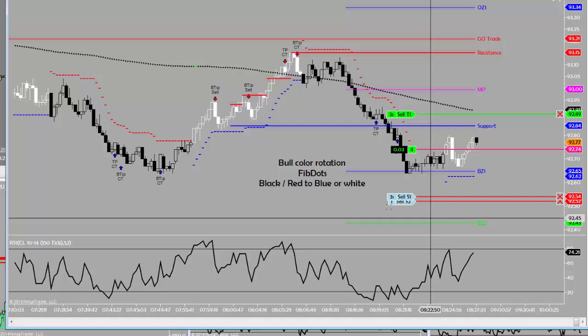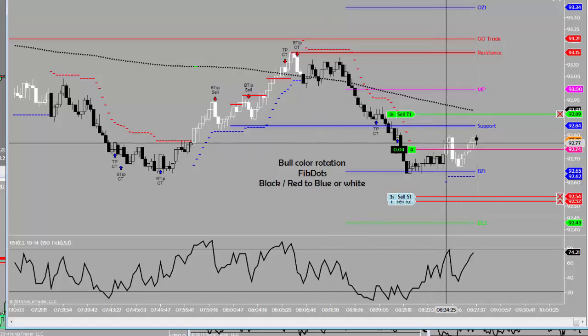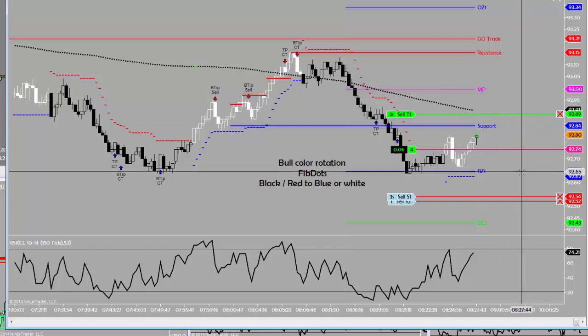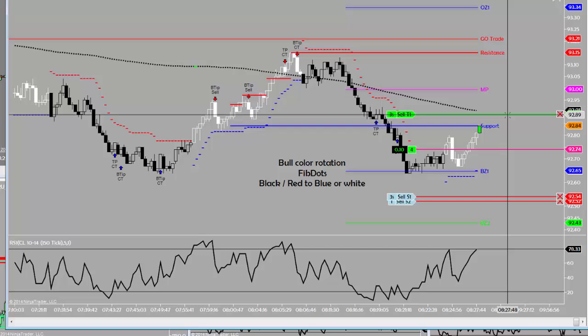So the type of entry, after I see this, I can buy next bar market. And next week we'll talk about this in Strat Labs about the difference between a qualified setup and a qualified signal. So here we're up 9 ticks, 10 ticks.